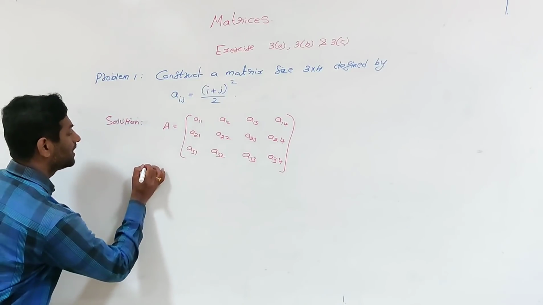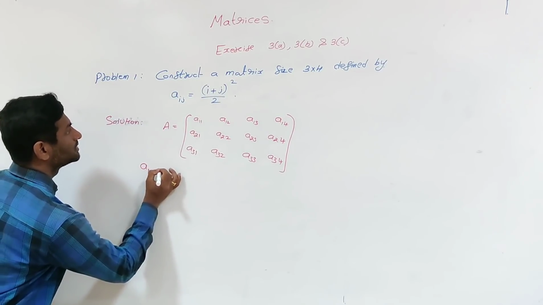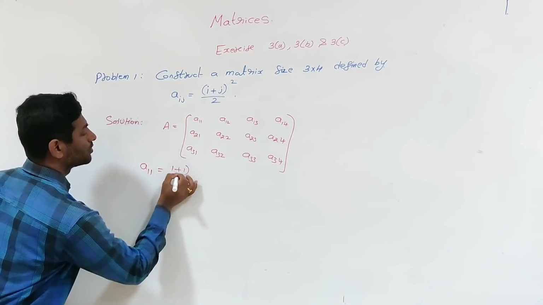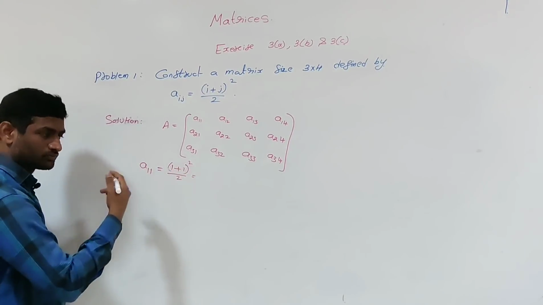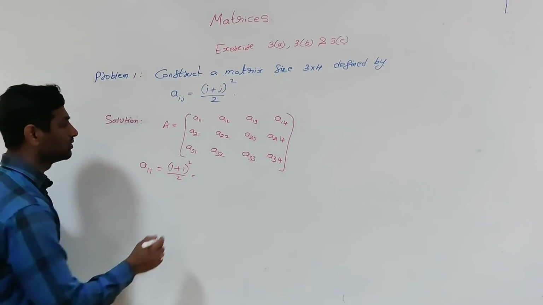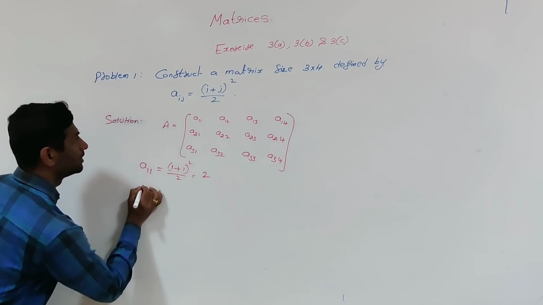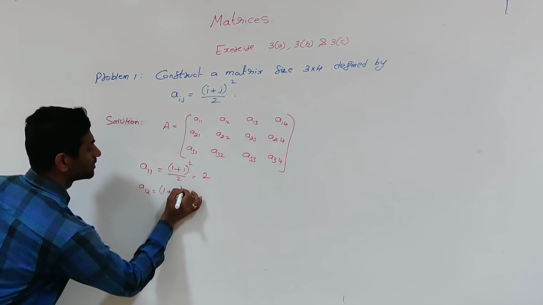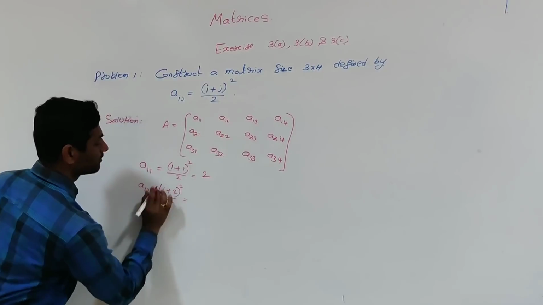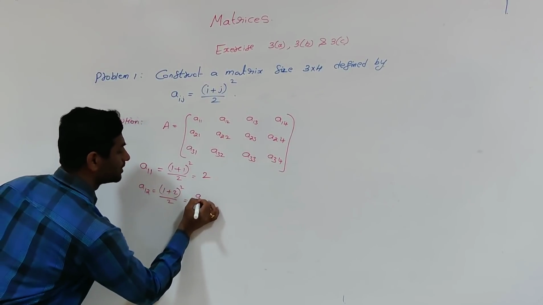Now we will see what A11 will be. A11 is equal to (1 plus 1) whole square by 2. So 1 plus 1 is 2, square is 4, by 2 is 2. A12 is (1 plus 2) whole square by 2, which is 1 plus 2 is 3, square 9 by 2.